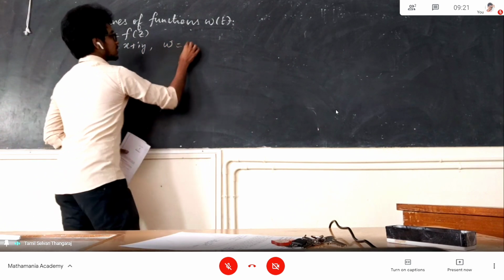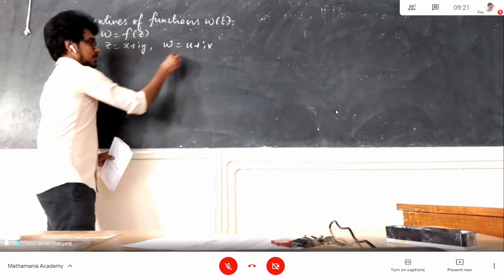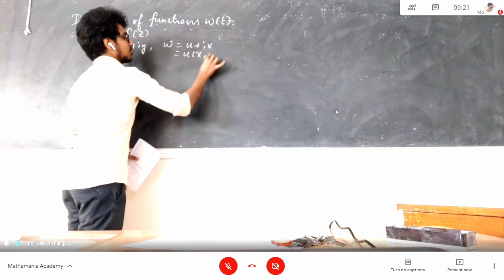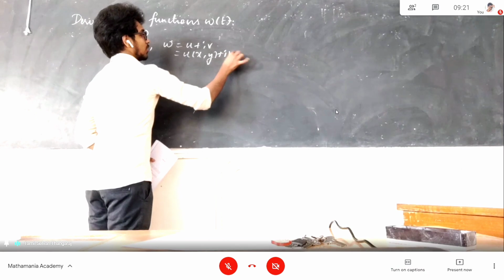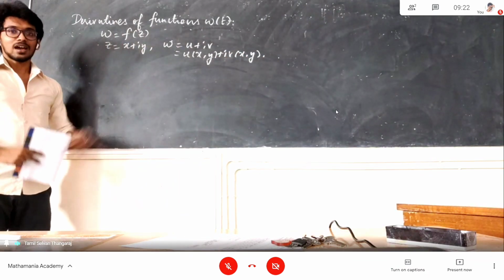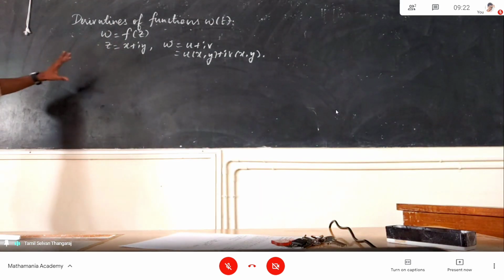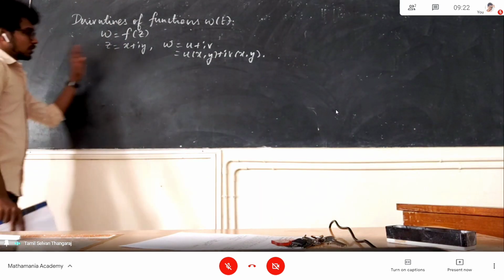Therefore, w takes the form u plus iota times v. And when we closely observe, u is a function of both x and y, and v is also a function of both x and y. We had things of this sort, right? So with that ideology, we have explored all those things.